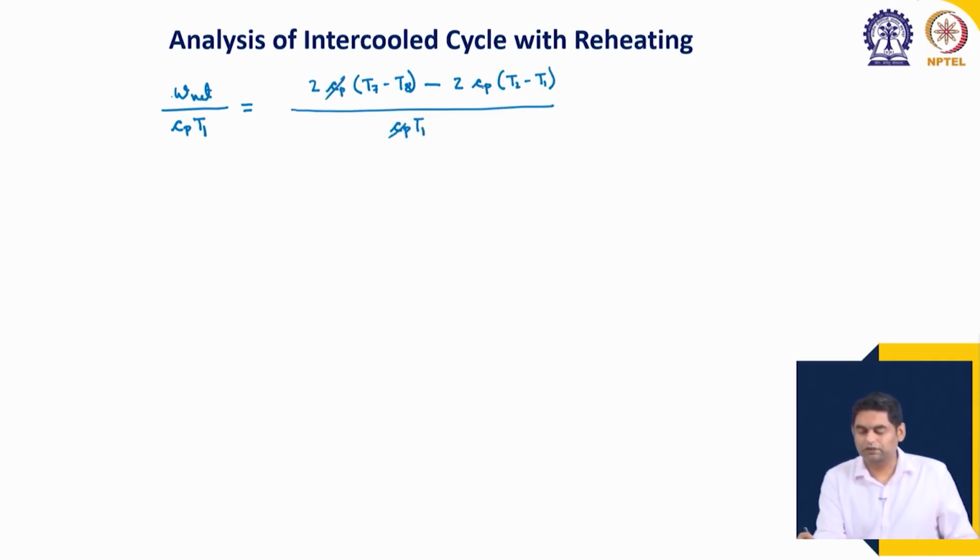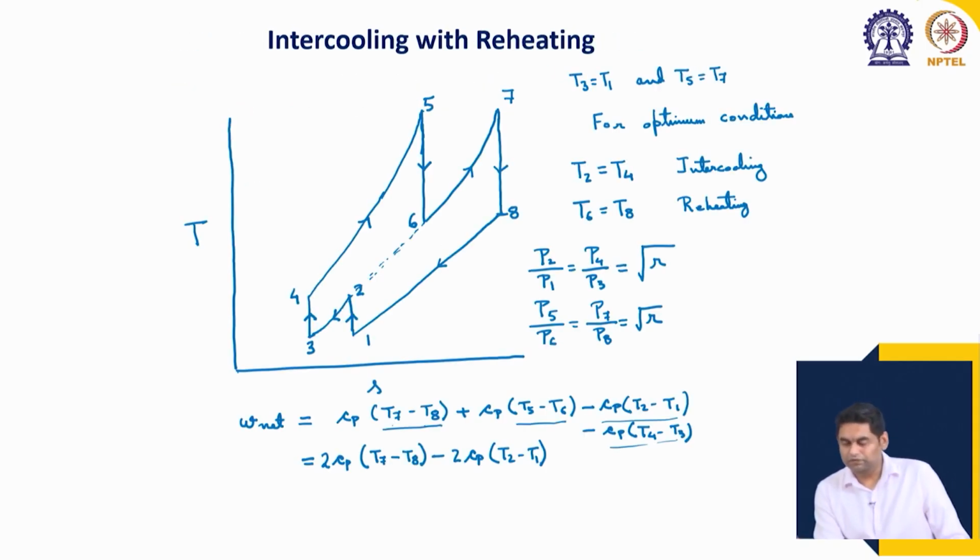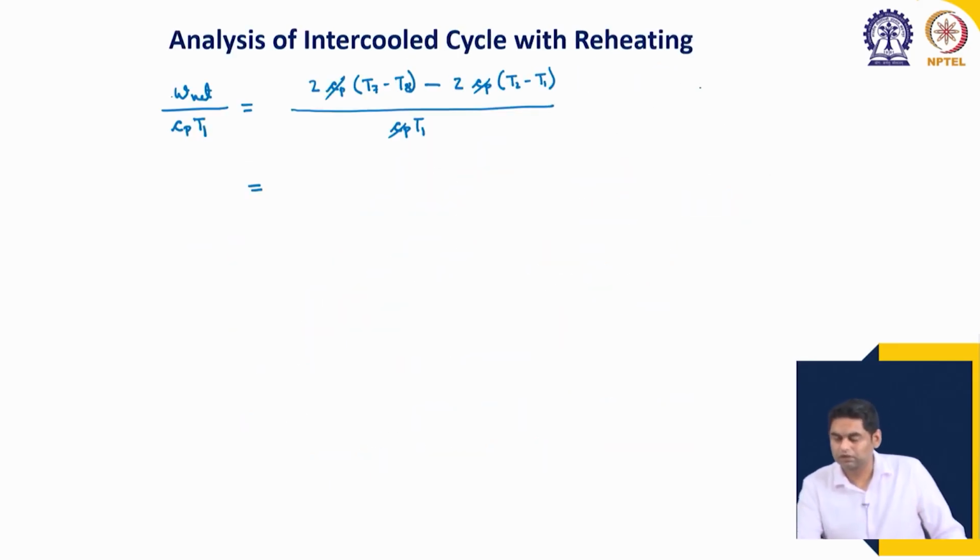Cp will get cancelled and we are left with T7 by T1. What is T7 by T1? It is equal to the temperature ratio T. Okay. So, T7 by T1, maximum temperature to inlet temperature, or minimum temperature.